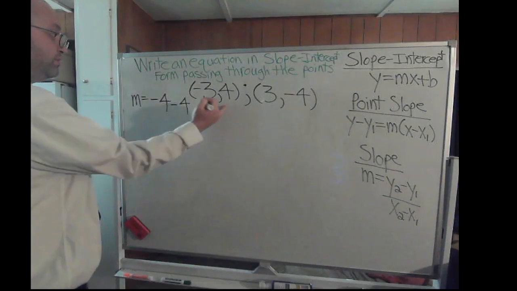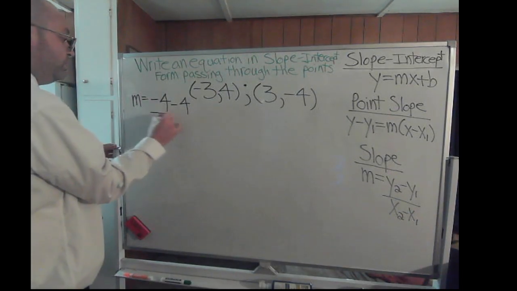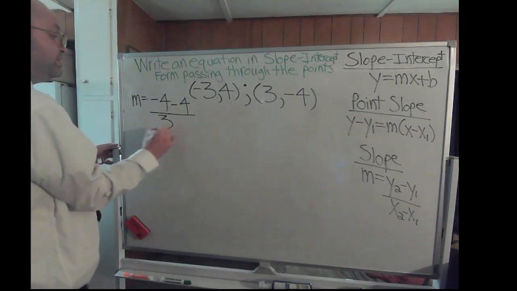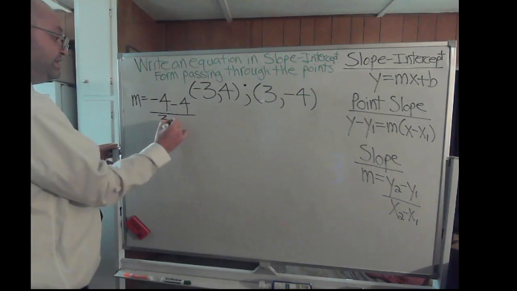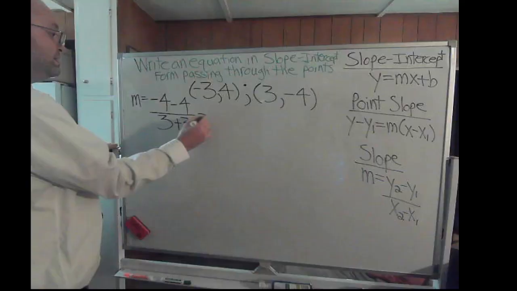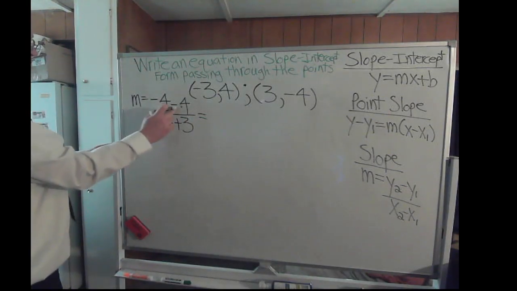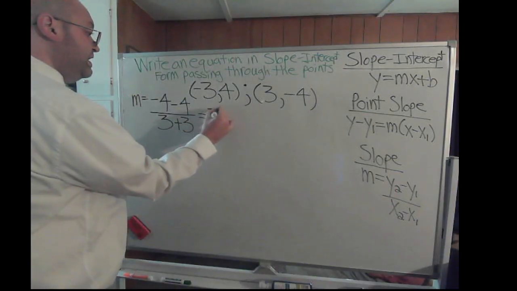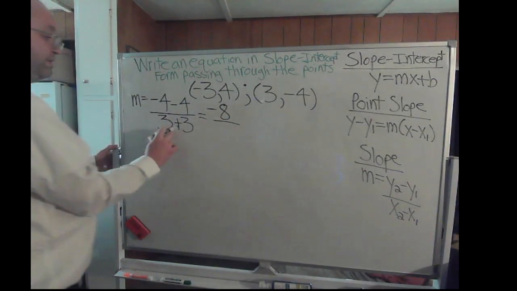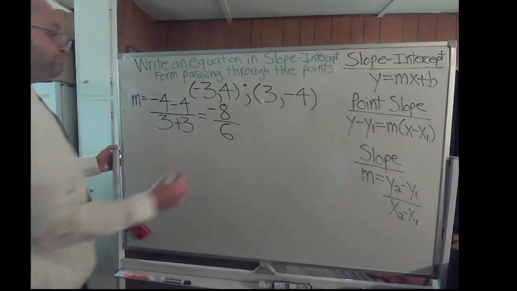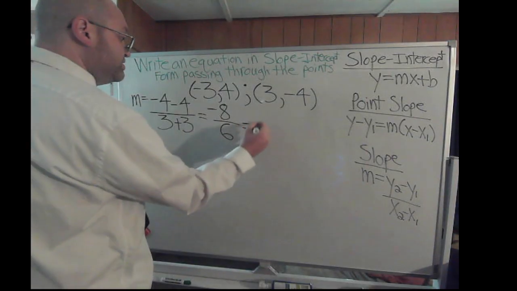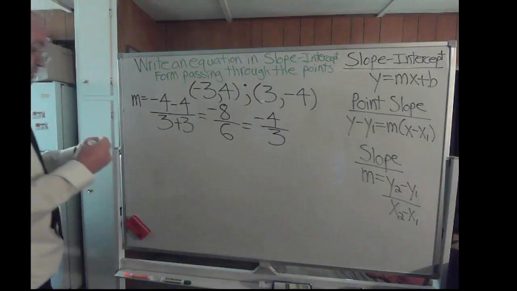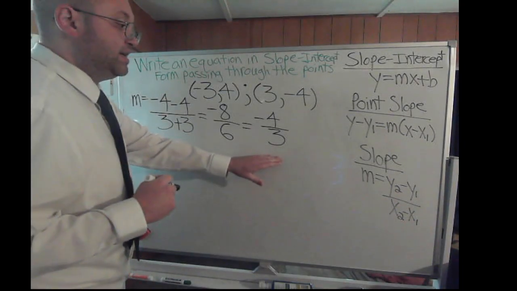So -4 minus 4 over your second x coordinate, 3, minus -3, that'd be 3 plus 3. So in the numerator, -4 minus 4, that's going to give you -8 over 3 plus 3, which is 6, which reduces to -4/3. So your slope is -4/3 for this particular line.